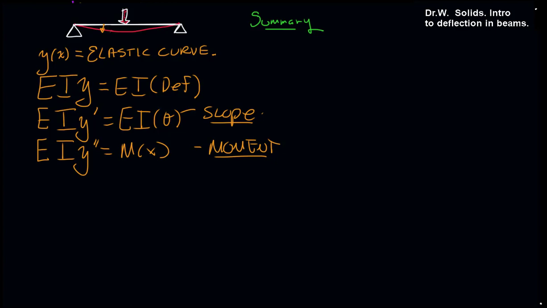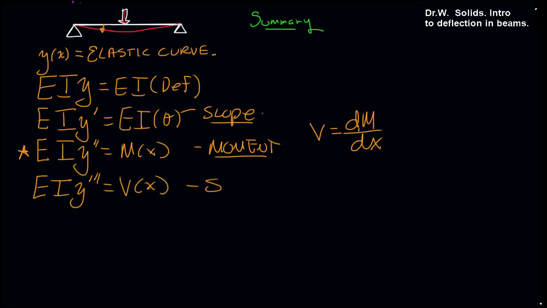And recall when we were doing V and M diagrams that V was defined as dM/dx, which tells us if we take the derivative of the moment equation, we'll get V as a function of x, which is the shear at any point along the beam.